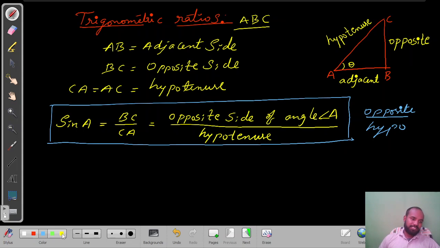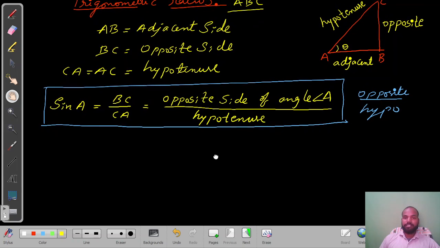Next, what is the next thing? Our next thing is cos A. It is very easy. What is cos A? You know already. Cos A formula is, now opposite is completed, next one is adjacent. Adjacent is AB and hypotenuse is CA.